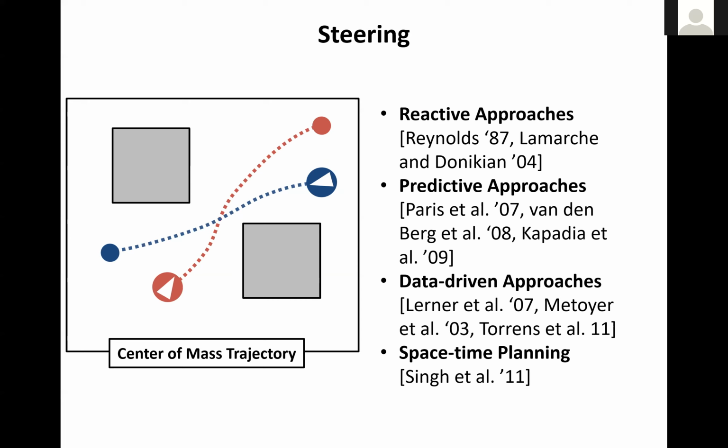Predictive approaches, on the other hand, take it one step further, where they not only utilize the current state of an agent, but they also develop a model to anticipate or predict the future state of an agent. So for example, as this agent is moving along this path, it accounts for its future state and the future state of other agents.